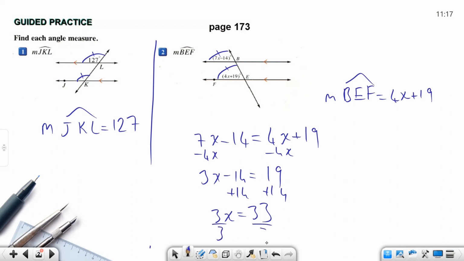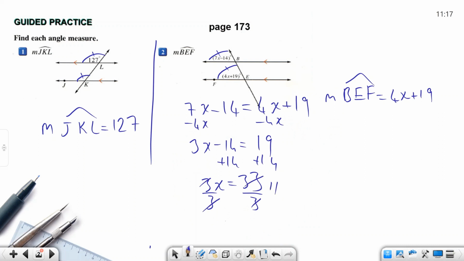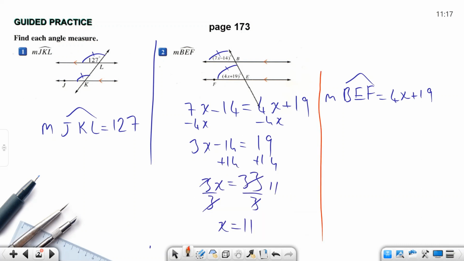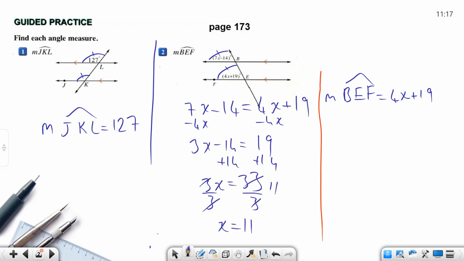Simplify by 3. 33 divided by 3 is 11, so x equals 11. Now I found x, but the question is not about x. It's asking about an angle. Which angle is that? Angle BEF.